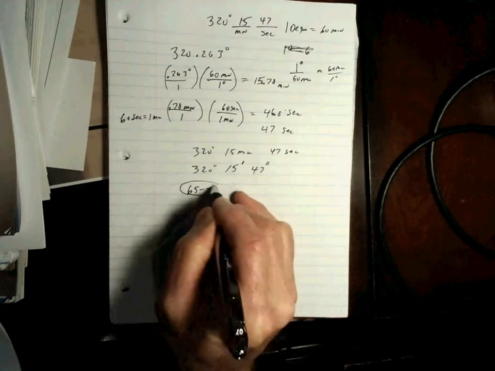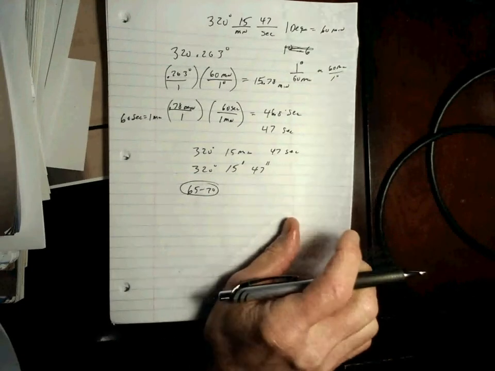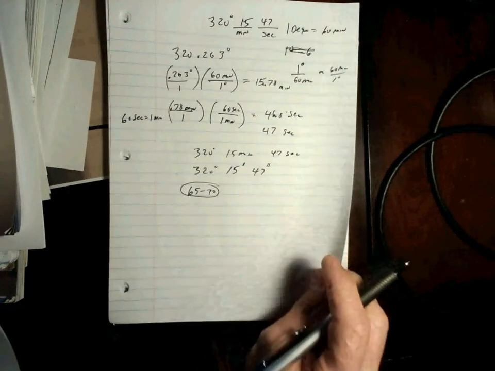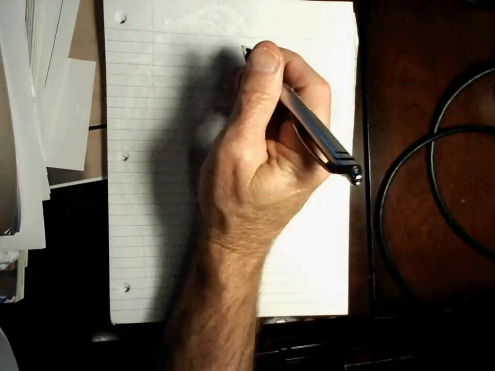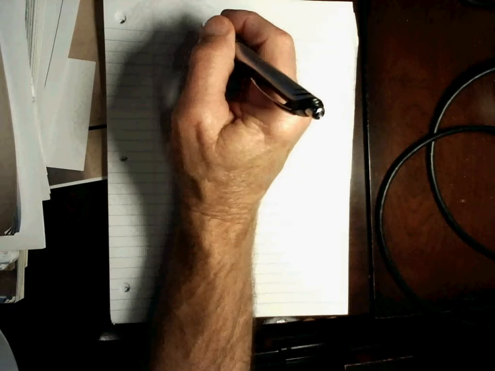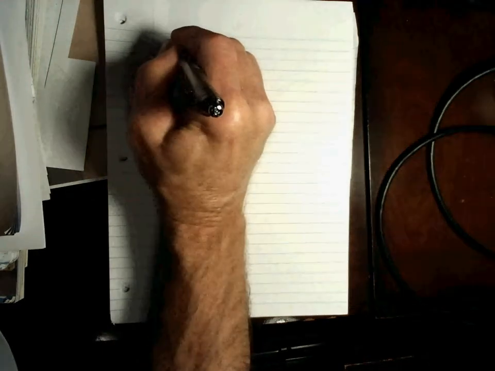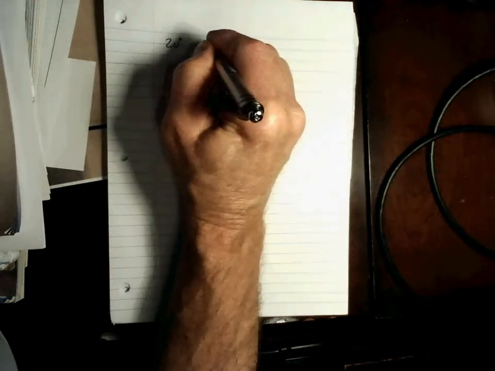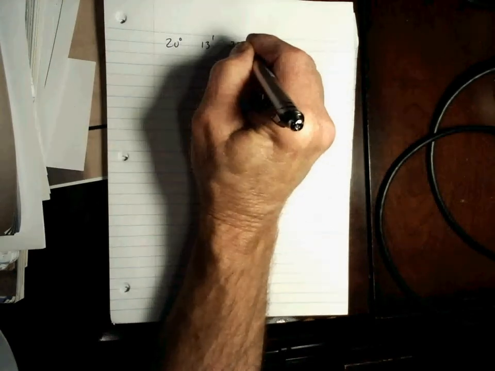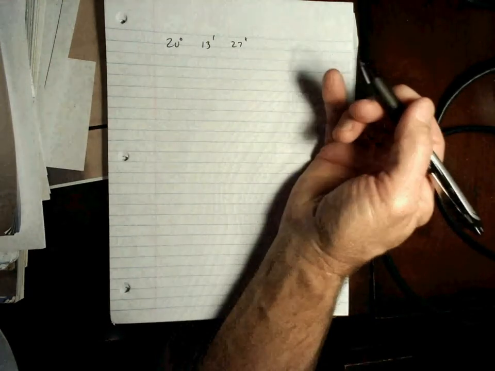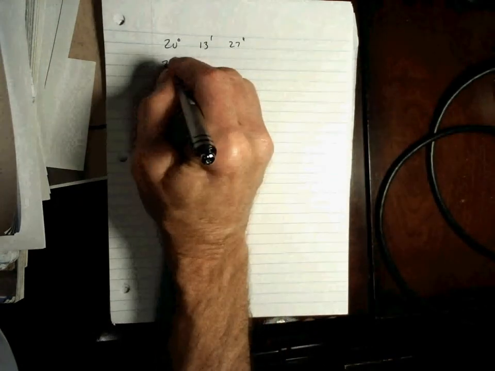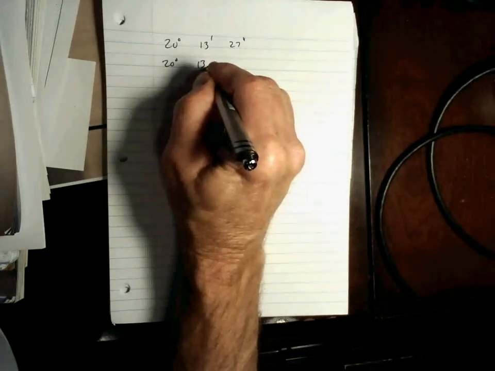Then we'll do the other type. This time we're going to take, like we had as the answer on the previous problem, let's say we've got 20 degrees, 13 minutes, and 27 seconds as an example.